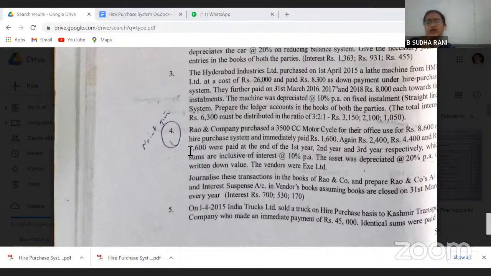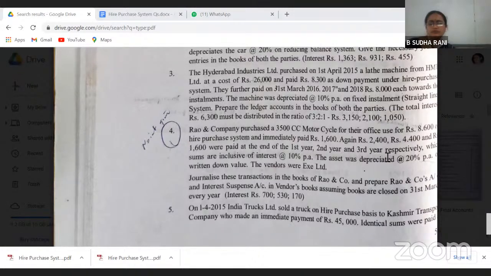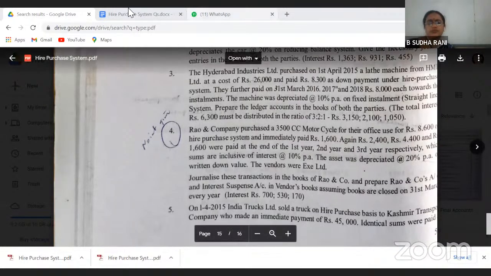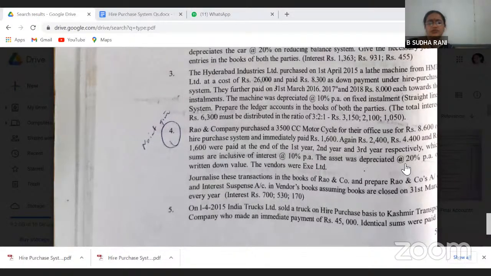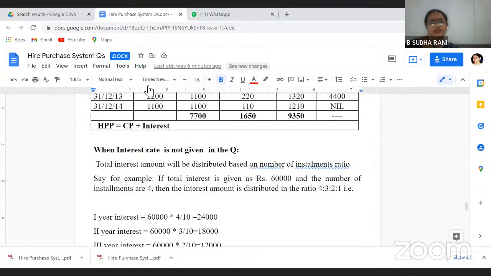From 11,000 hire purchase price minus the 8,600, 2,400 is going to be interest. Interest 10% per annum. The asset was depreciated 20% per annum on written down value. Yes, depreciation is also given. If depreciation is given, it's simple only, children.